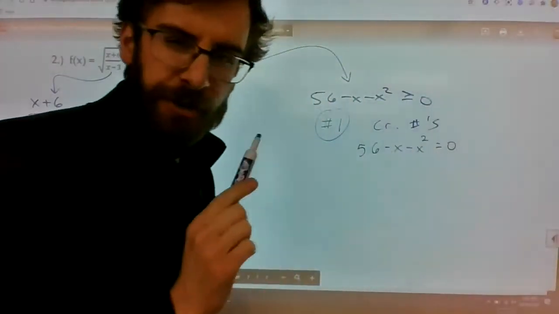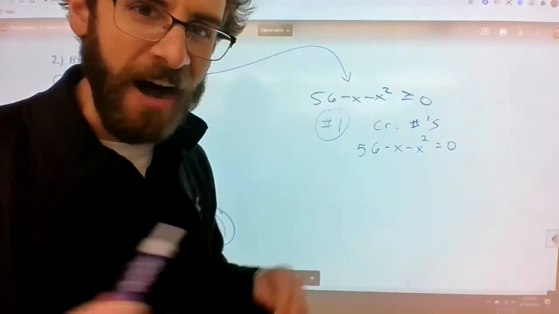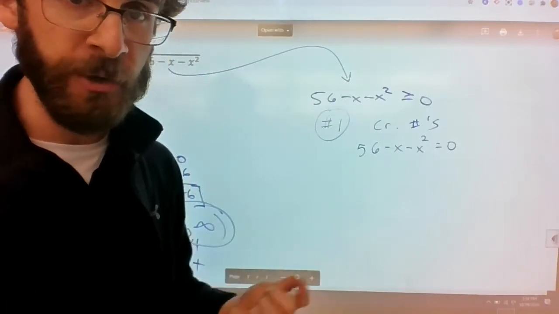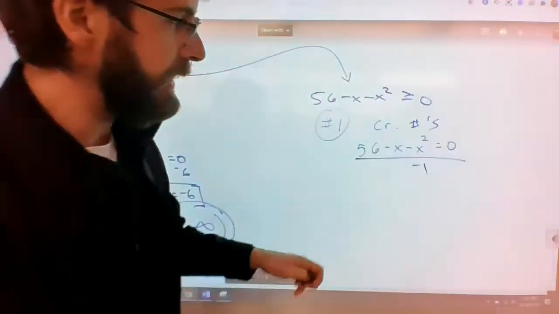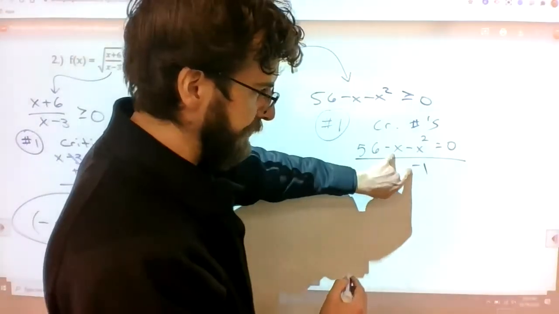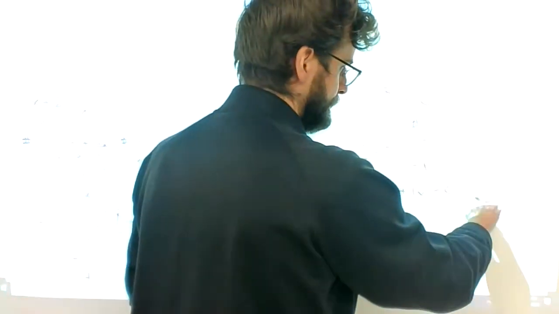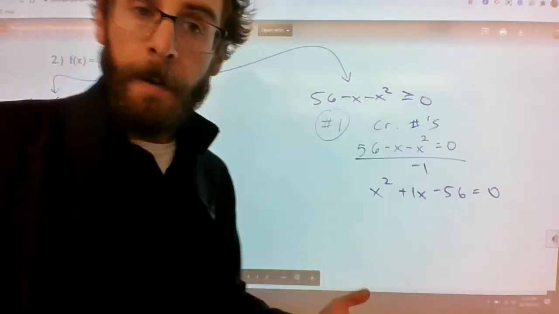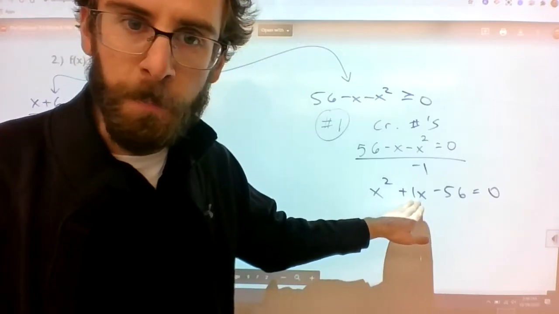And here's a good rule of thumb. If you ever see a negative in front of an x squared, divide both sides by -1. It's just going to make factoring a lot easier for you if factoring is possible. So if I divide everybody by -1, that would create a positive x squared, a positive 1x, and a negative 56. Oh, positive 8 and negative 7 give you positive 1.